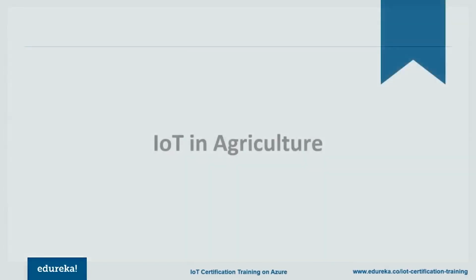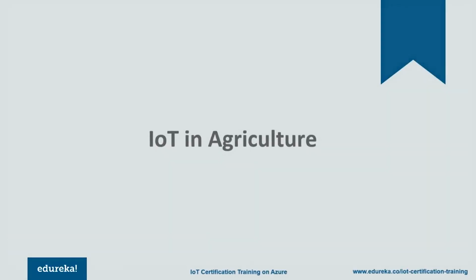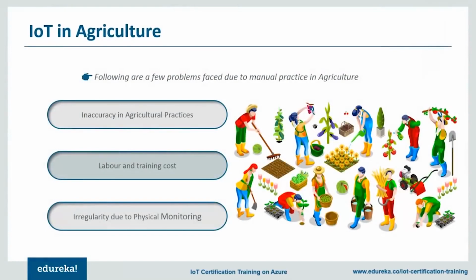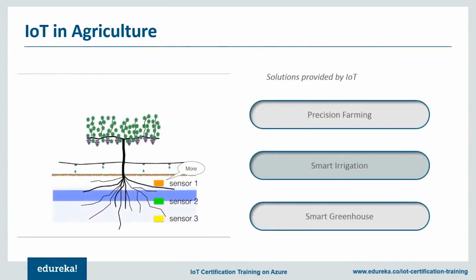So next we have a sector which is most neglected despite the importance it holds, that is agriculture. However, manual handling often results in loss of energy, labor cost, and other inaccuracies, which make all its processes less effective. Internet of Things here can provide a number of solutions.